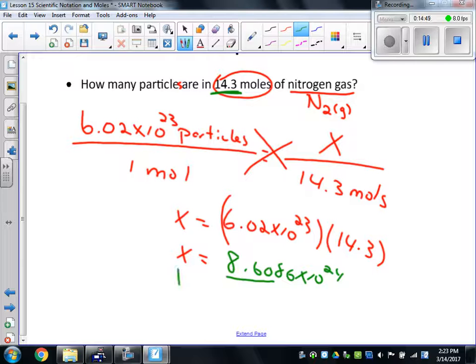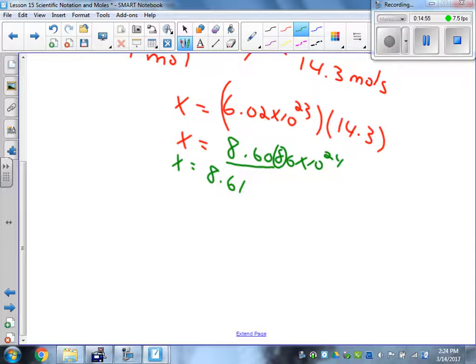If you really want the correct answer here, we'd say 8.61, because this number is bigger than 5, so we'd round up, times 10 to the 24, and this would, of course, be particles, because they want to know how many particles. And that's what we put in the equation: 1 mole is 6.02 times 10 to the 23 particles.